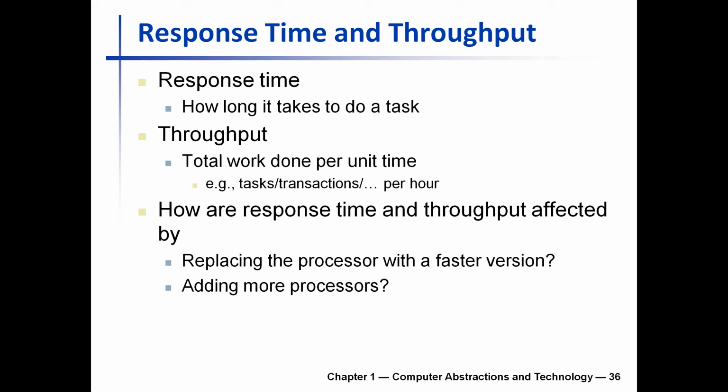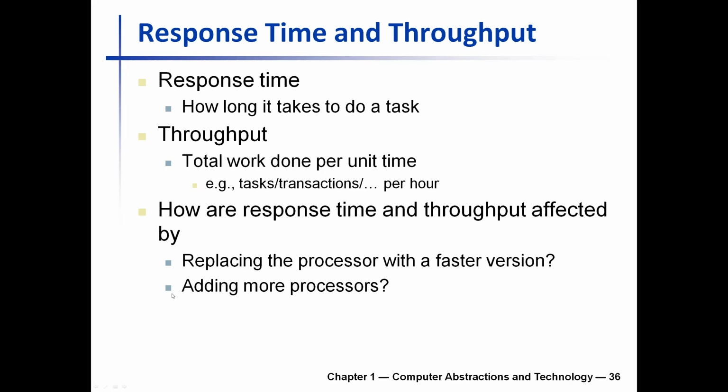Then what would happen to the throughput? In the same scenario, using a faster clock rate, faster processor, response time would reduce. So we could expect the throughput to increase, right? The amount of work we can get done per unit time should increase because these two are related, response time and throughput. Okay, so that is, I think, straightforward.